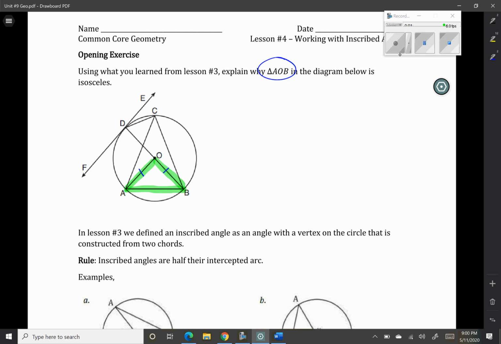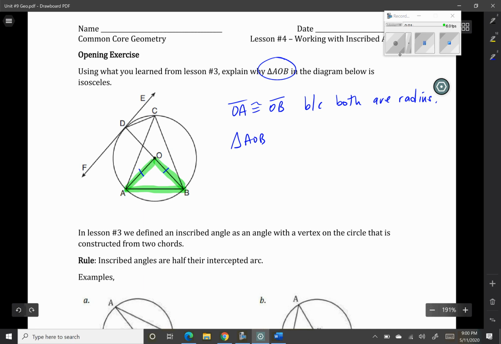So what we can say is OA is congruent to OB because both are radii, meaning triangle AOB is isosceles because, whoops, I spelled isosceles way wrong, because it has two congruent sides.